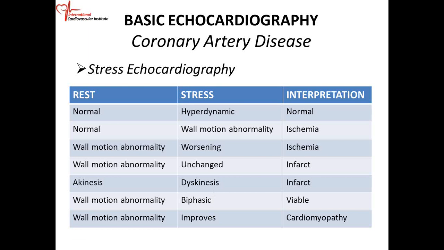So as a matter of fact, when you have an ejection fraction that low, 20, 30%, you almost always have to do a viability study to show that there are viable muscles there. You don't want to revascularize the patient and then the patient deteriorates on you. Okay, so with the dobutamine, you get the biphasic response.